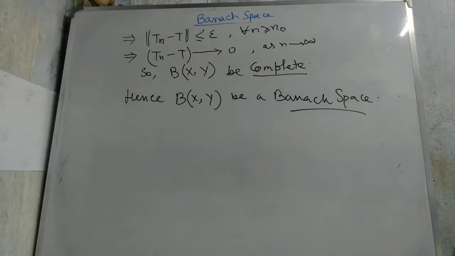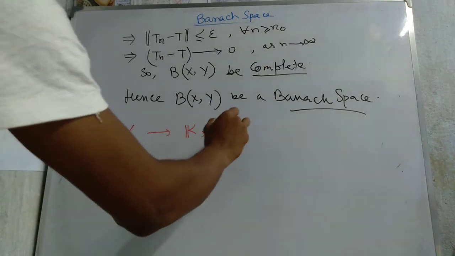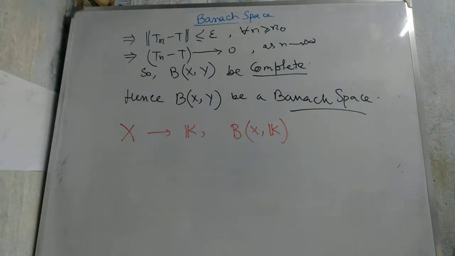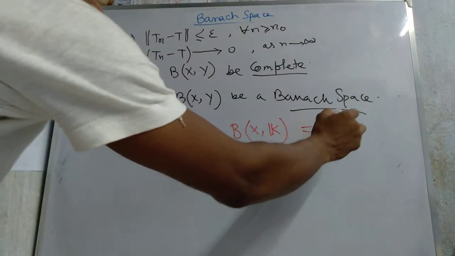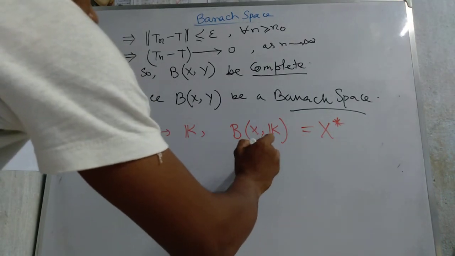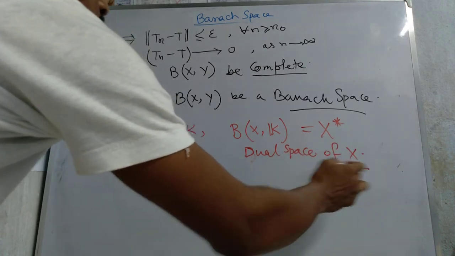But if we write any operator X to K, that means B(X,K), where K is the field, and K is also a Banach space, then it is the dual space of X, denoted by X star.